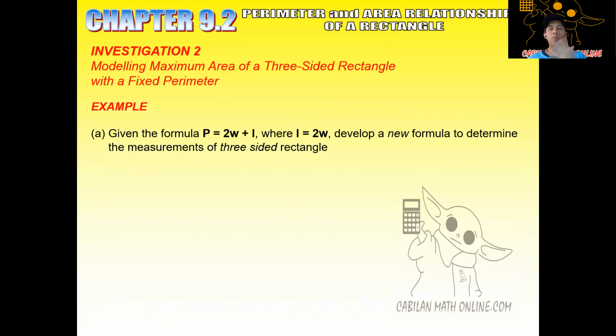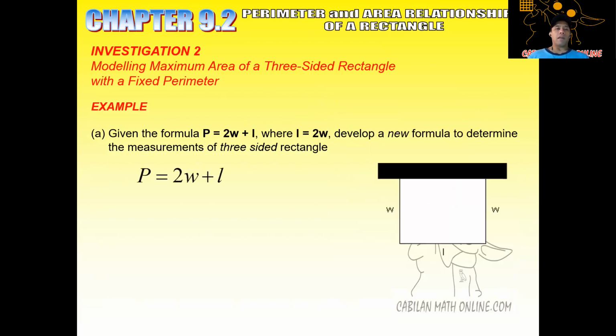All right, so step number 1, we're going to start off with the basic formula. What we're going to do here is something a little bit tricky, and it might be hard to understand at first, but we're going to develop a formula based on the fact that we have this formula in front of us, and we know that the length is 2W. So all we're going to do is take this L and replace it with 2W.